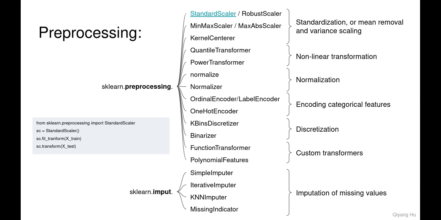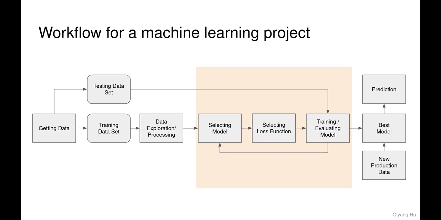Finishing preprocessing the data, we move to the part that is usually considered a core step for a machine learning project, especially when we are doing research or want to educate ourselves about the theory of machine learning.